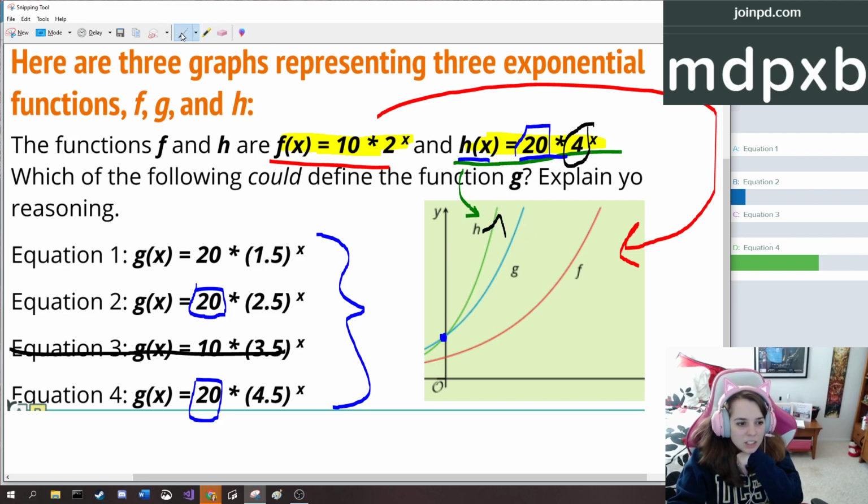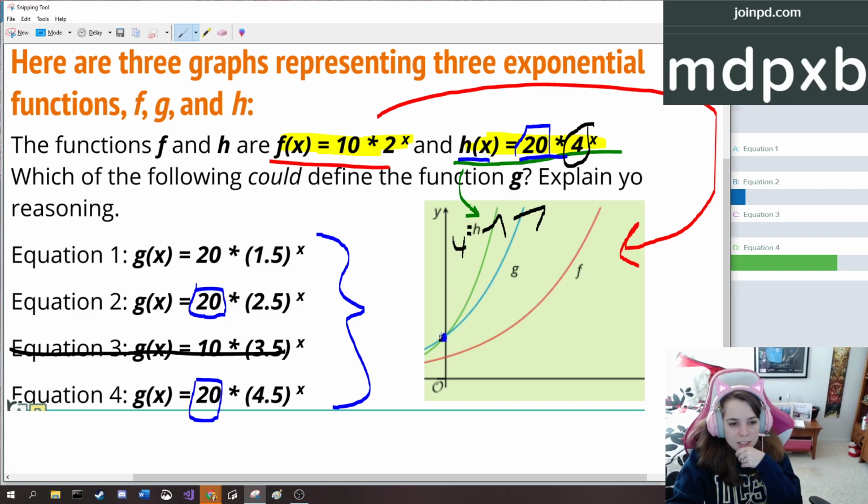So if h is faster than g, that means g's rate has to be less than h's. H has a rate of 4.